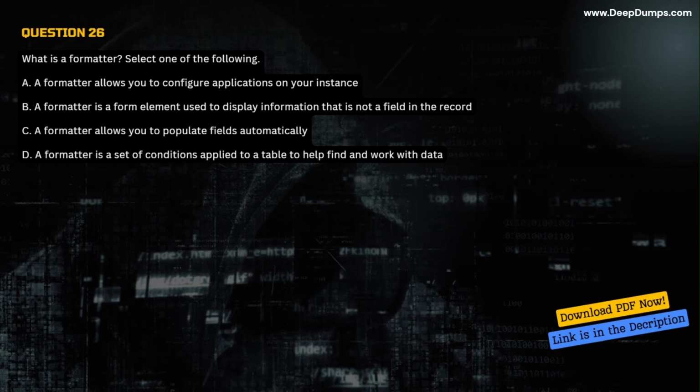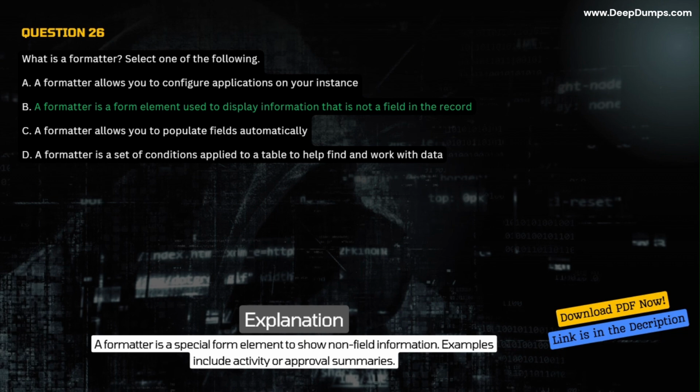D. A formatter is a set of conditions applied to a table to help find and work with data. Correct answer B. A formatter is a form element used to display information that is not a field in the record. Explanation. A formatter is a special form element to show non-field information. Examples include activity or approval summaries.